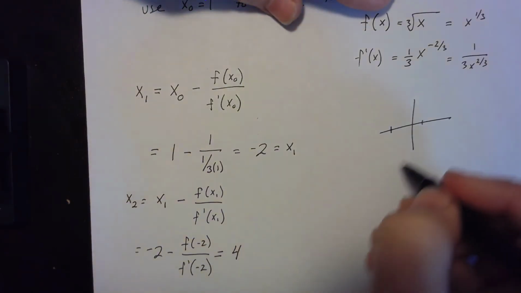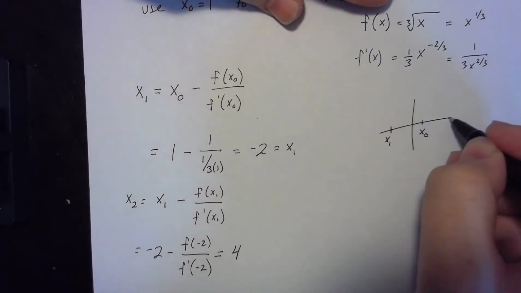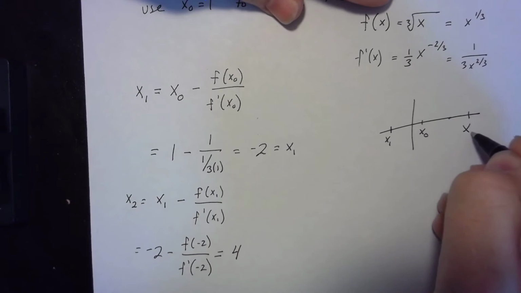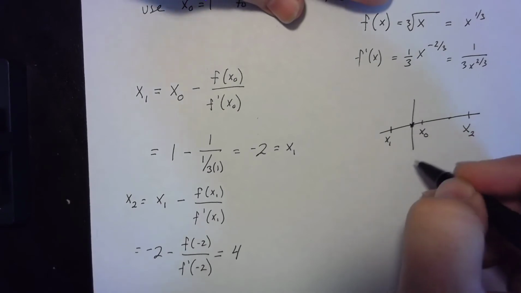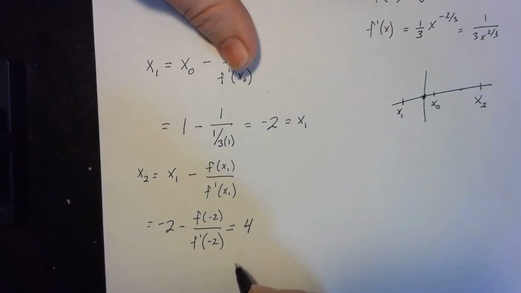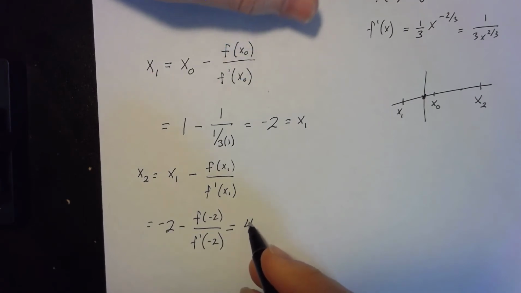So now you've gone from this value right here, which is x0, to this value over here, which is x1, and then bounced back past to x2, skipping over this number 0 that we know right here is what we're supposed to end up getting. So we get a value of 4, which doesn't actually work for us. Well, let's try it, and maybe this is bouncing around and it'll contain and bounce back to where it should be.